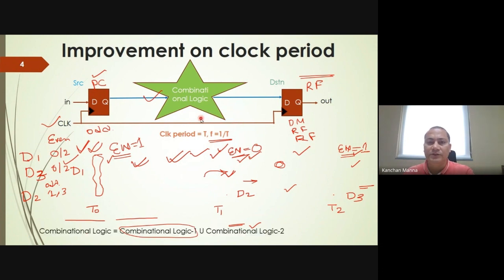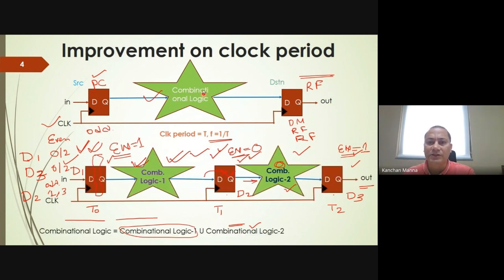What we did was split this combinational logic into two parts, and we assume that each part takes an equal amount of time, and we put a D flip-flop in between them. First we take the input in this D flip-flop and send that input to the combinational logic, and then we lock this D flip-flop.